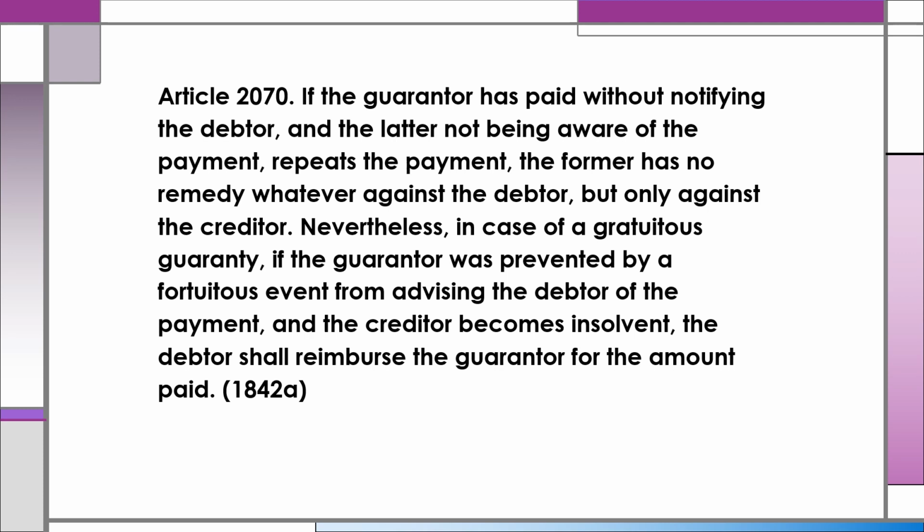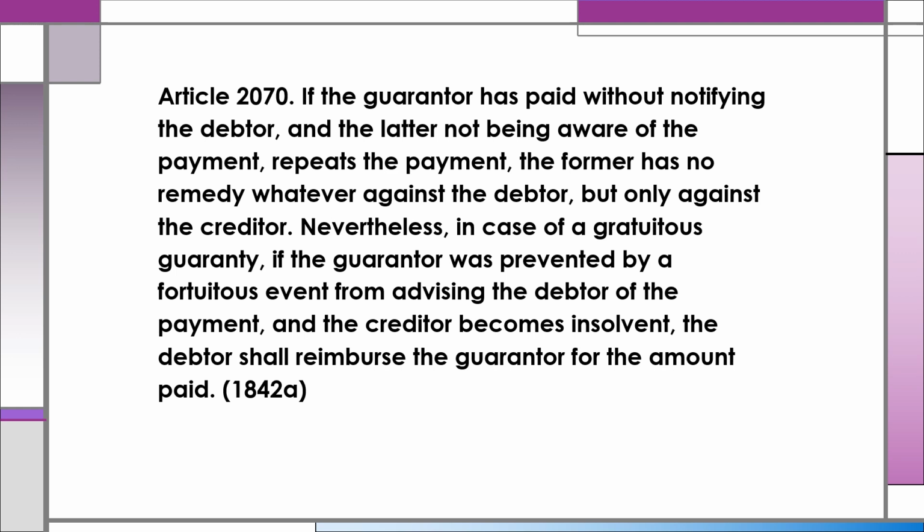However, there is an exception to the rule that the debtor cannot reimburse the guarantor. Dito sa second part, in case the contract of guarantee is gratuitous and the guarantor was prevented by a fortuitous event from advising the debtor of the payment and the creditor becomes insolvent, then the debtor shall reimburse the guarantor of the amount paid.